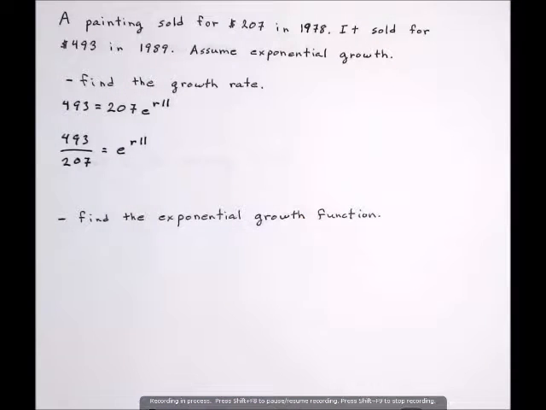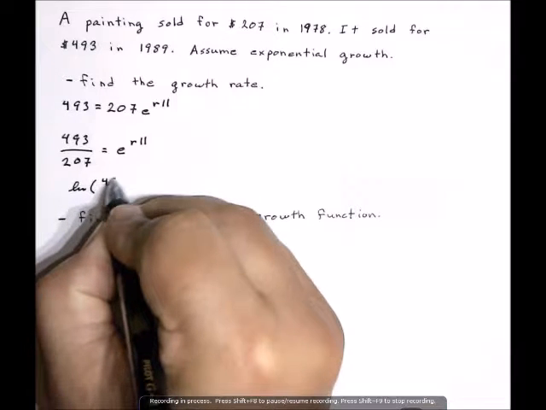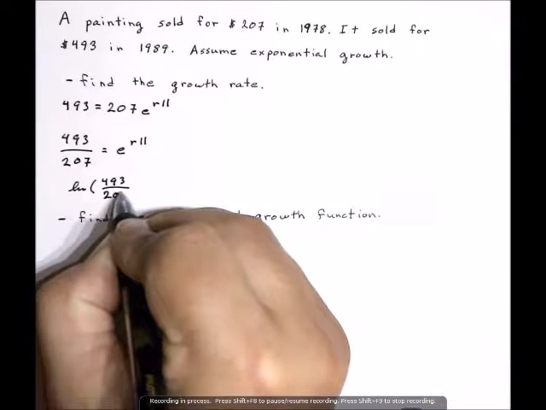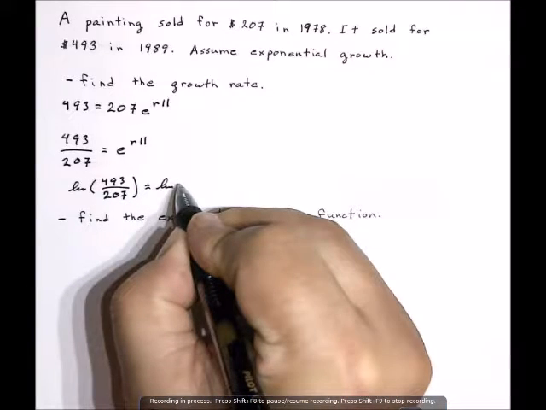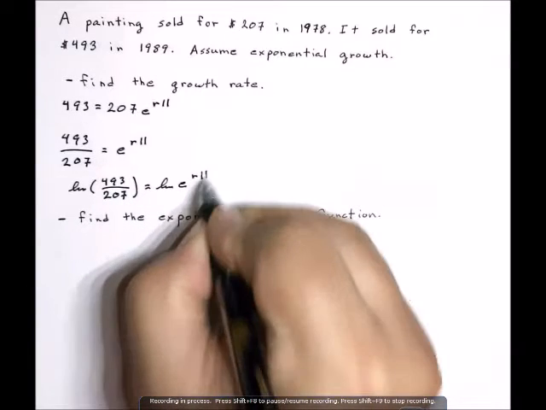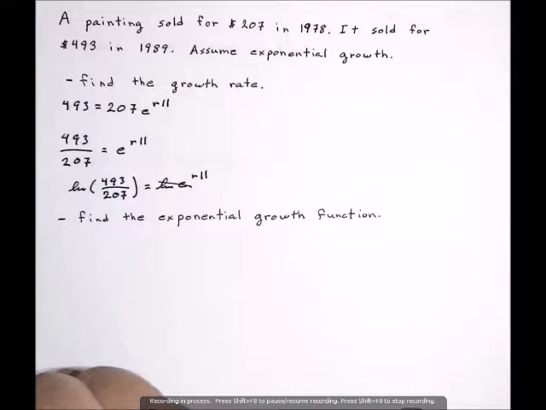And get that. Now I can take the natural log of both sides, and remember, natural logs and e's are inverses, so they cancel each other out.